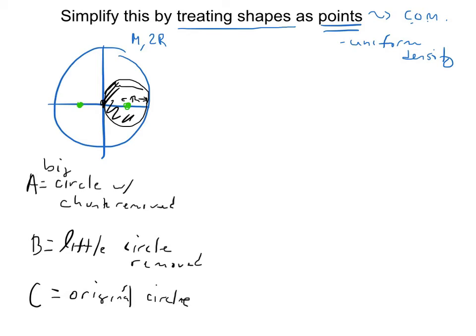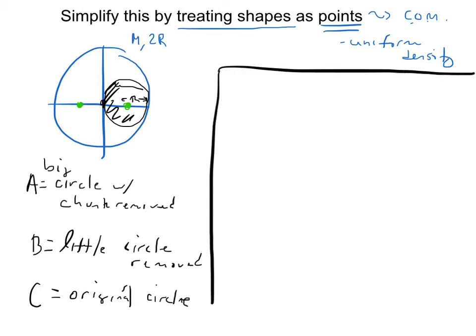So what we could do is think about saying, well, if I took the big circle with the chunk removed and added it to the little bit of circle removed and just filled the hole, what I would get back is the original circle. Right?